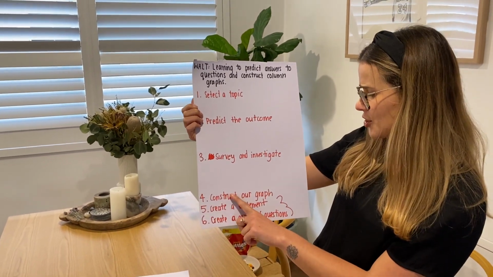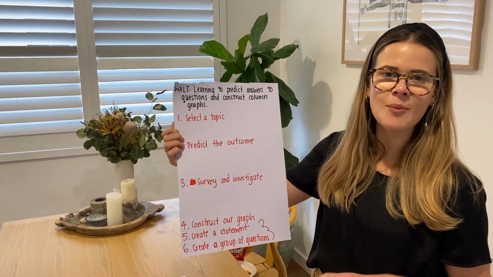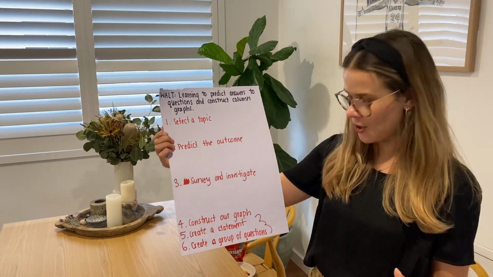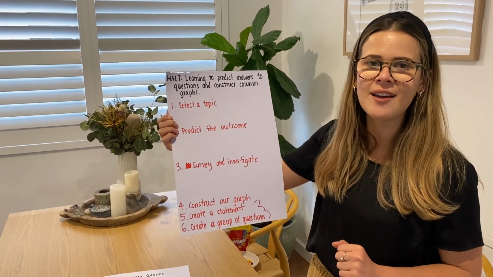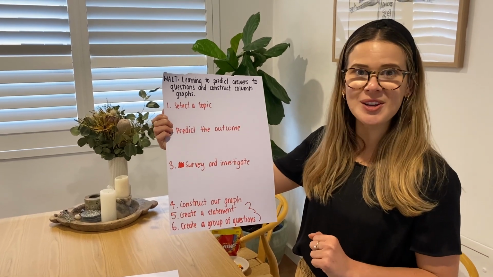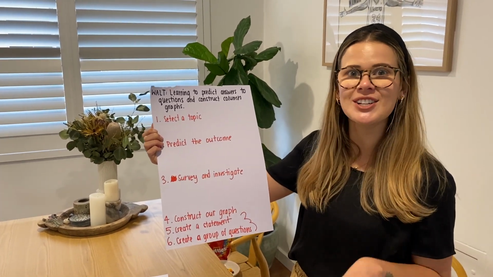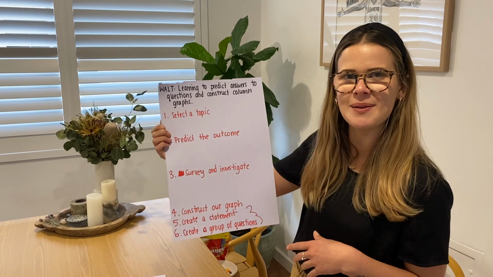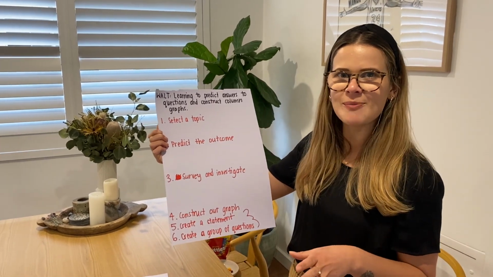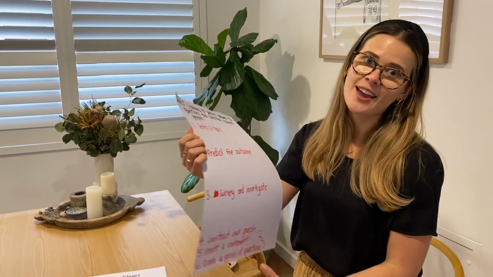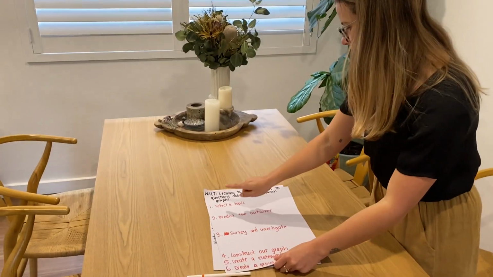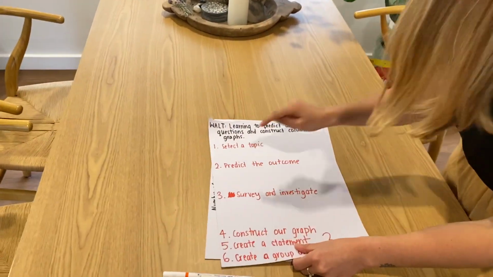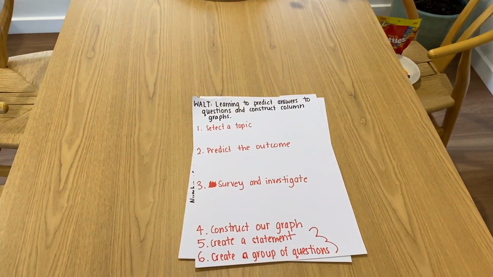We're then going to construct our graph, and then we're going to go a step further and you are going to create some statements about all your data, and then you're also going to create some questions that you can maybe ask your teachers, your friends, or your family members, getting all that information from your data that you have selected.